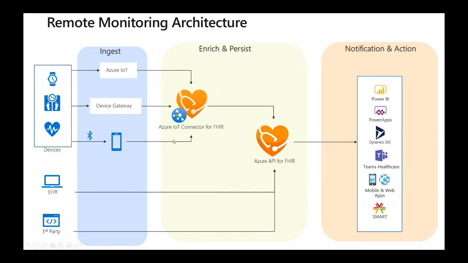The IoT connector then funnels data into our managed Azure API for FHIR, which is the FHIR server that you can use to access the data as it's being streamed in. You can also use this to ingest data from EHRs and third parties into the Azure API for FHIR. And once there, you can use it in various applications.